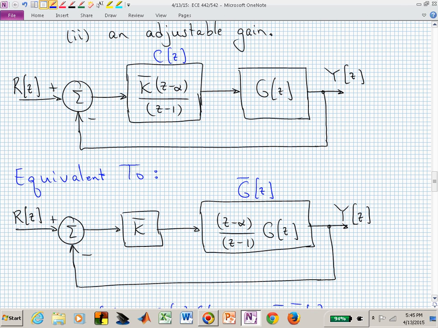Is that clear? I hand you a G bar, exam number 3, you have to be able to produce the root locus for that. And the root locus just tells you where your closed loop poles belong for every possible value of K bar. That's what the root locus is. I hand you a G bar, you give me a root locus. Is that clear?